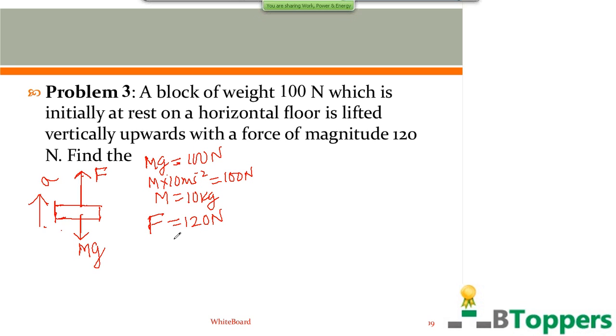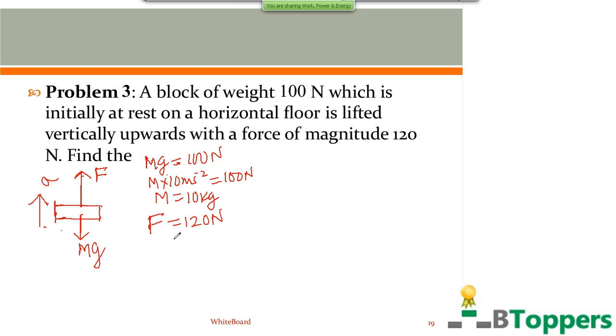To find the displacement covered in the first 3 seconds, you have to find the magnitude of the acceleration of the block. To find the magnitude of the acceleration of the block, we have to apply Newton's second law. So here only two external forces are acting on the block in opposite directions, and the magnitude of the lifting force in the upward direction is more than the magnitude of its weight mg.